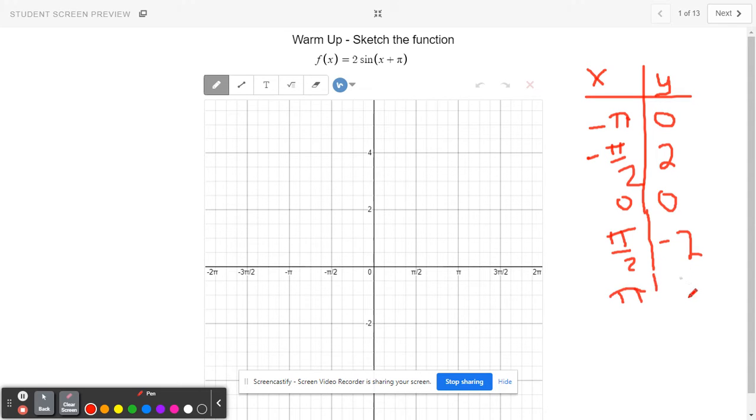So we have one full cycle here for the period from negative pi to pi. We have 0 there, negative pi halves is 2, 0, negative 2, and 0. So here is our function. For one cycle from negative pi to pi, the graph looks like this.